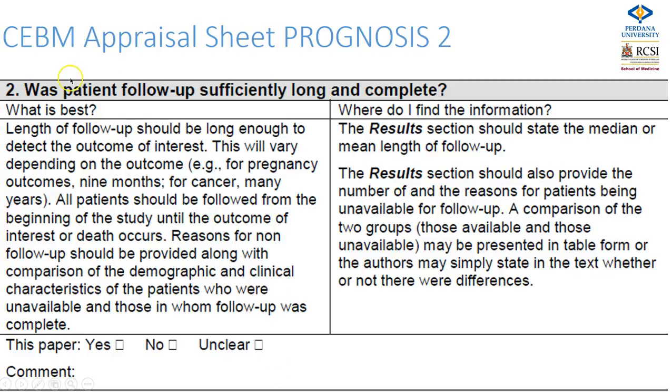The next section was patient follow-up sufficiently long and complete. So in a cohort study looking at a question on prognosis, clearly the length of time that the study lasts is important. And in fact, for some outcomes that are uncommon or rare, then you may have to continue this cohort study for several years.